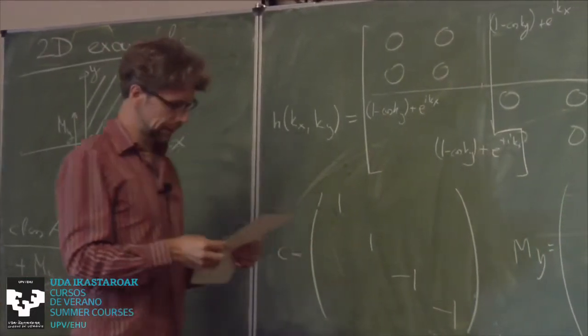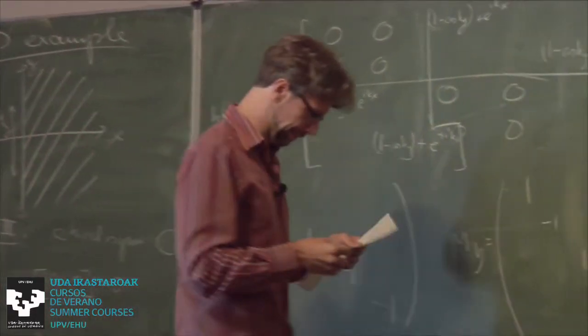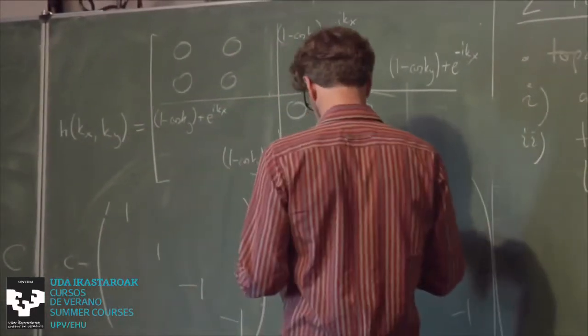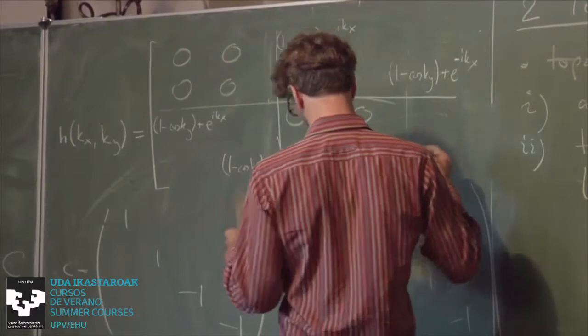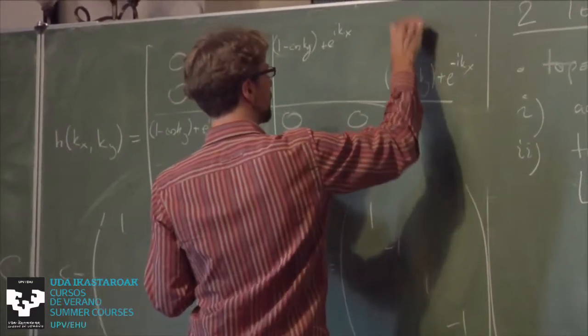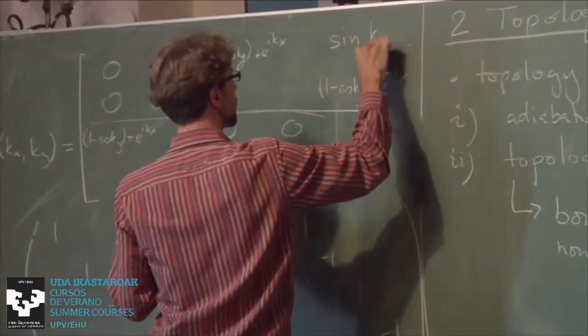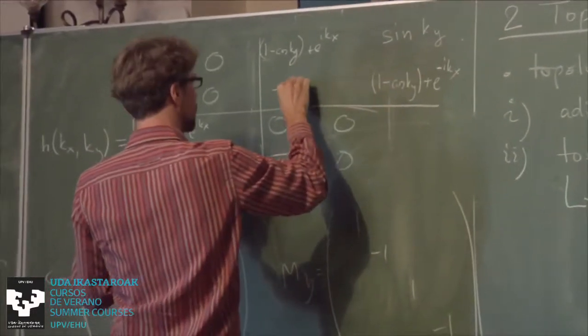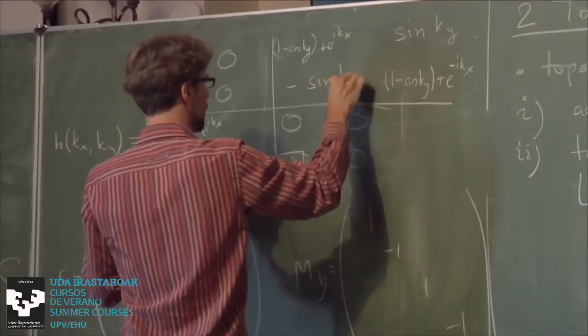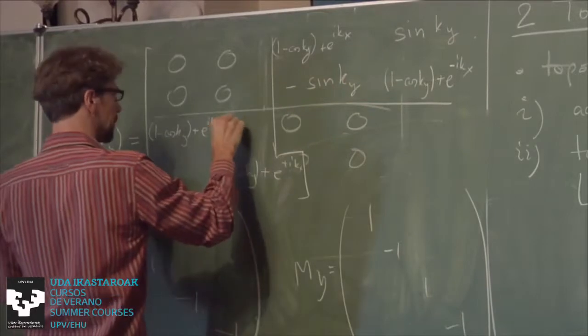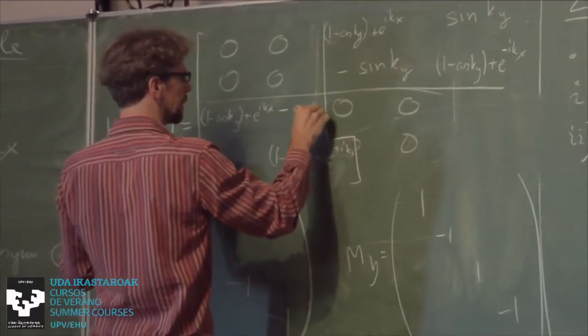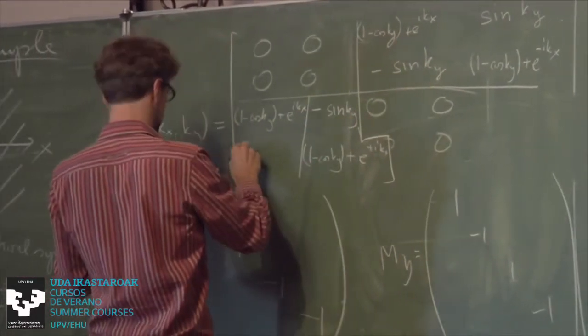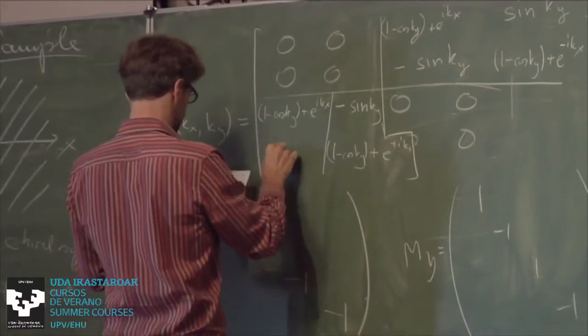Now the only thing I have to make sure is that these things are actually gapped all the way and also mirror symmetric. Then I can add some signs again, like in this Chern insulator example, to make sure that they are gapped everywhere else. And then we'll look at what I have actually constructed here.